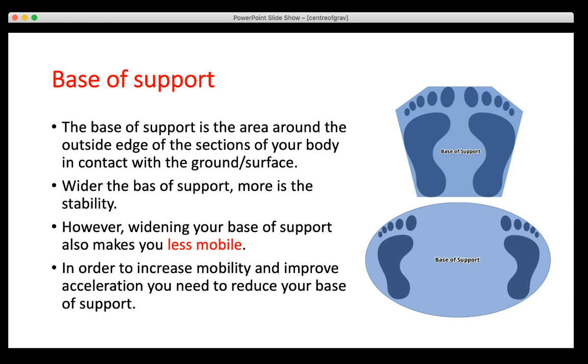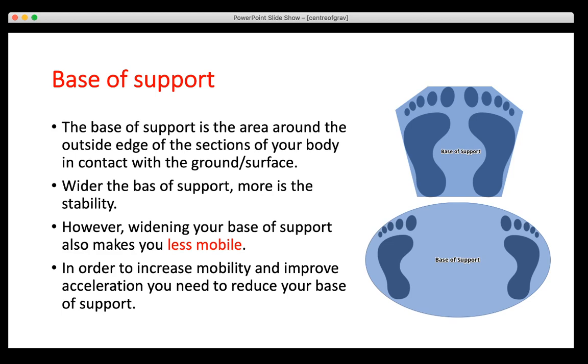In order to increase mobility and improve acceleration, you need to reduce your base of support. So this is a point to be considered, keeping in mind that if your base of support is less, then you are less stable and your speed will be less.